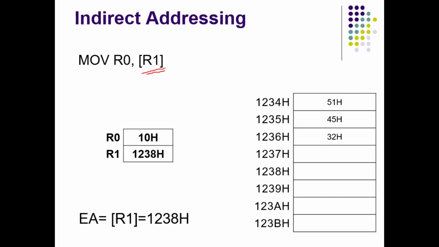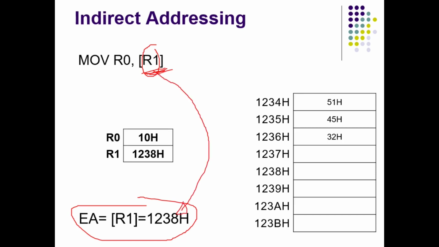So how does the processor calculate the actual effective address? Here the content of R1 itself is the effective address, because I am using R1 indirectly to refer to the address, because R1 is written within the square brackets. So whatever the content of R1 is, it is considered as the effective address by the processor.